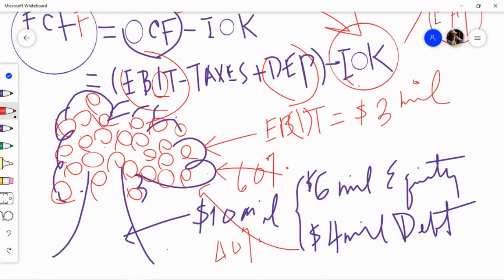And 40% contribution is thanks to debt. So what's the neat way to say this? 60% thanks to the contribution of the equity, and 40% thanks to the contribution of the debt.